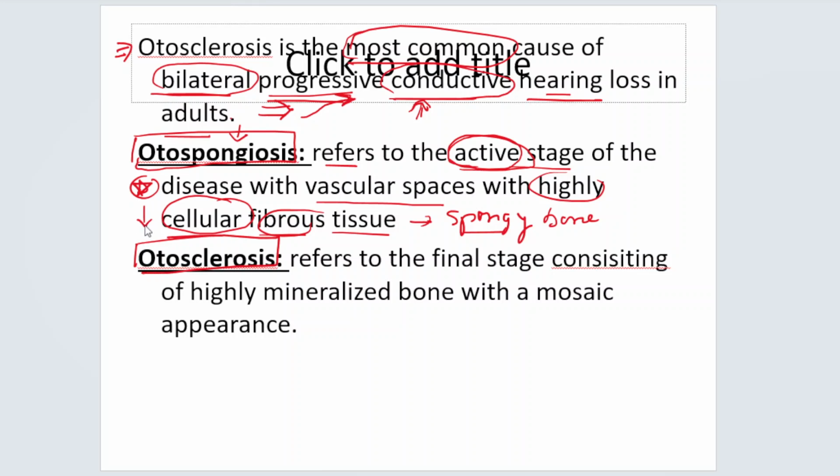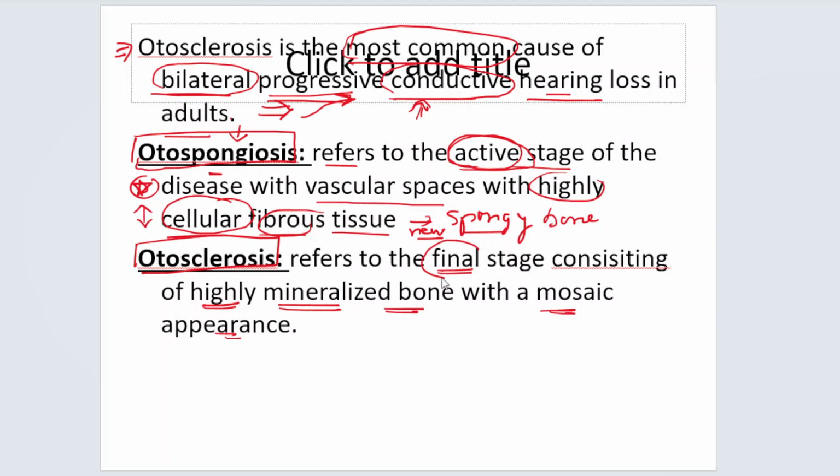Both can be used interchangeably, but to be specific, when we use the word otospongiosis, we mean that new spongy bone is forming. Otosclerosis refers to the final stage of the disease, consisting of highly mineralized bone with a mosaic appearance.